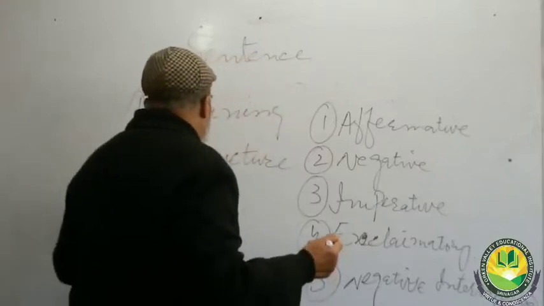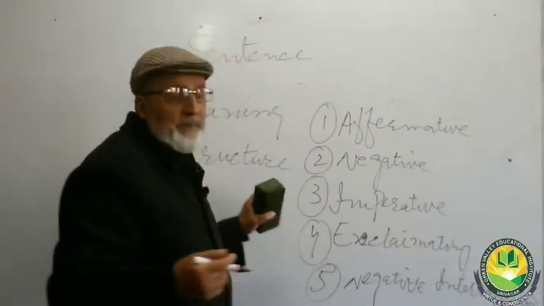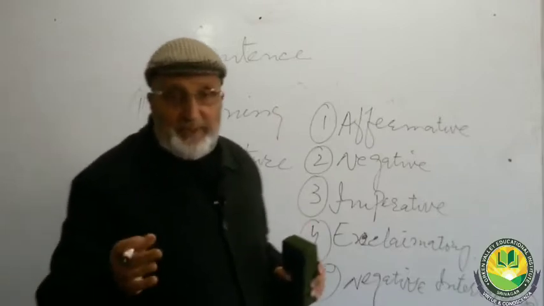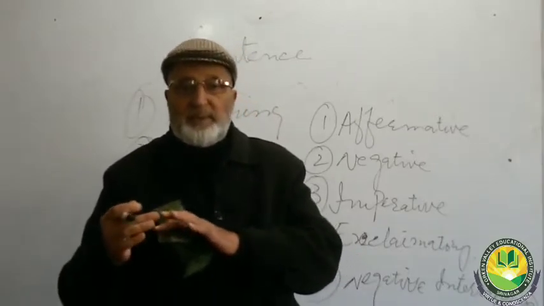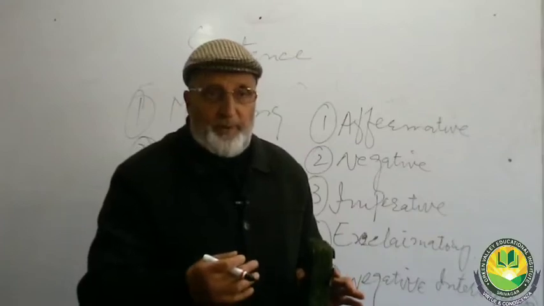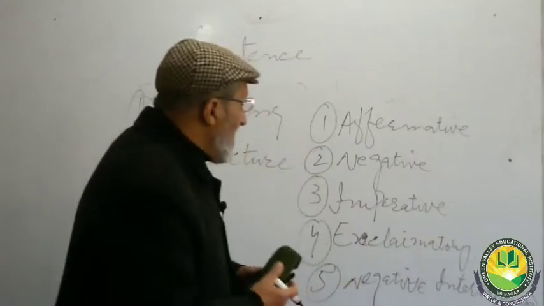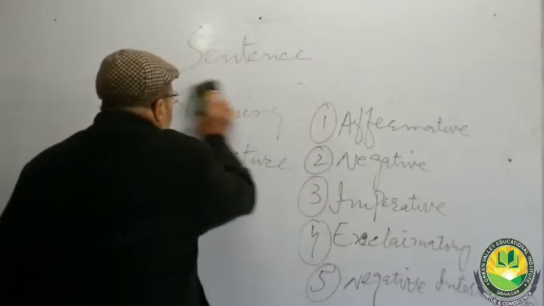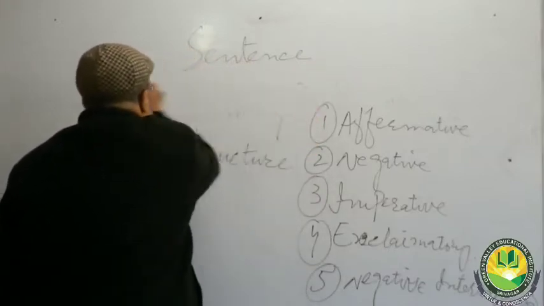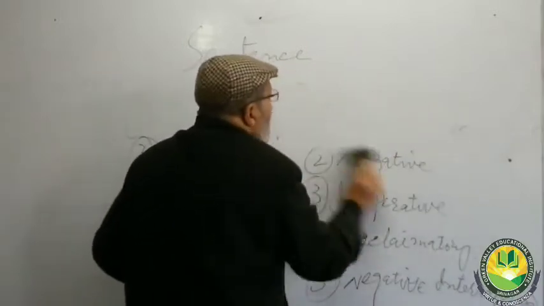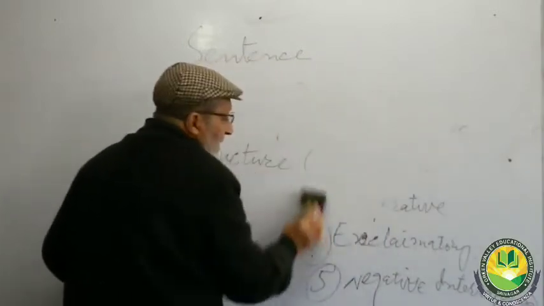Now, so far as the structural part of the sentence is concerned, we are to deal with this in these two classes, that's 11th and 12th, not the meaning part of the sentence and its types. Well, let's discuss it in detail. Structurally speaking, sentences can be of four types only.